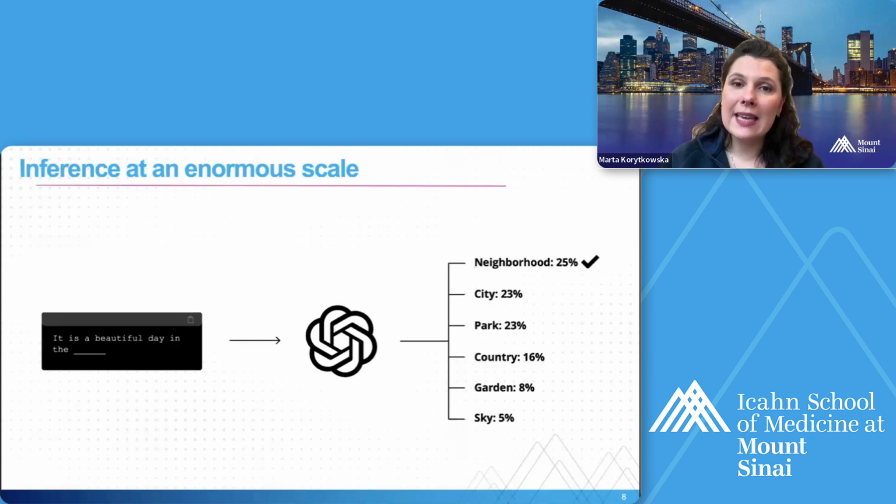In this case, that word would be neighborhood. It's a beautiful day in the neighborhood. You might have city and park as other high possibilities, sky as a lower possibility, but the highest probability would be neighborhood. And as such, that's what the next word would be. When we use large language models like ChatGPT, that's exactly the process that happens word after word after word on an enormous scale.